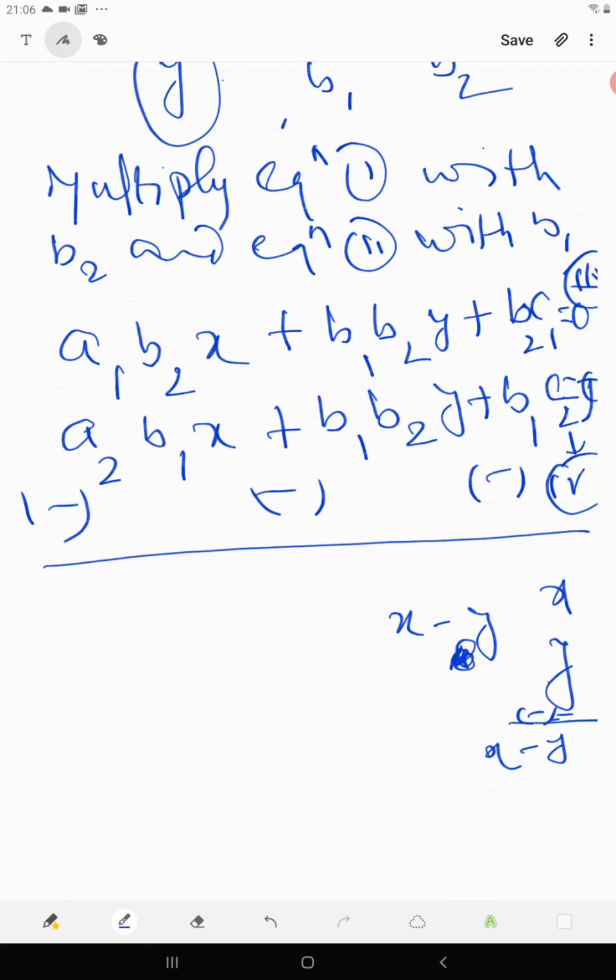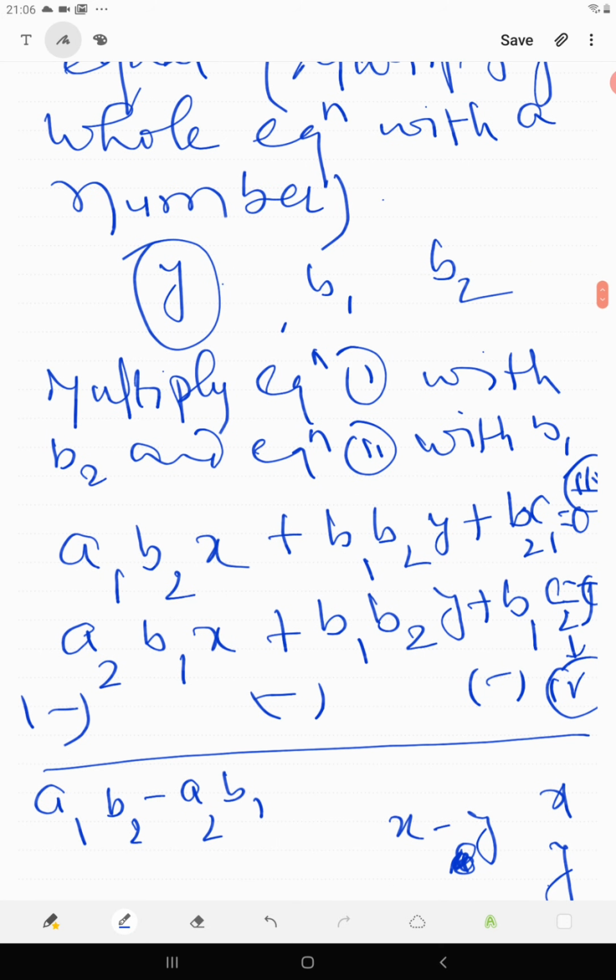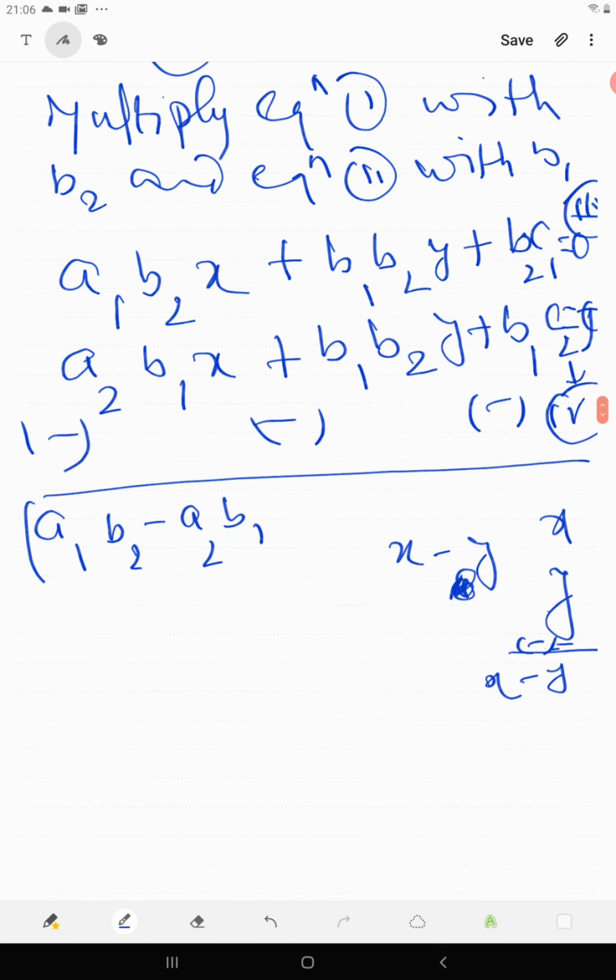So here it will be written as a1 b2 minus a2 b1, I am taking x common, so a1 b2 x minus a2 b1 x becomes a1 b2 minus a2 b1 into x.